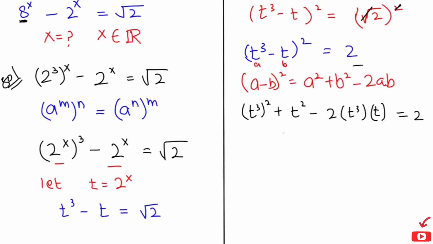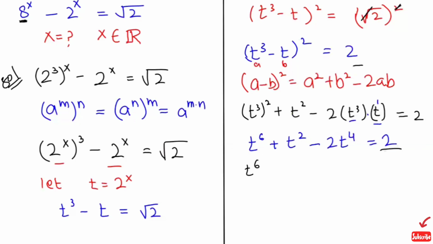Now we use the exponential rule: a to the power of m times n, so I will multiply the powers. t to the power of 3 times 2 gives us 6, plus t squared, minus, here we have the same base, so we add up the powers. Here we have one power, so 2t to the power of 4 is equal to 2.